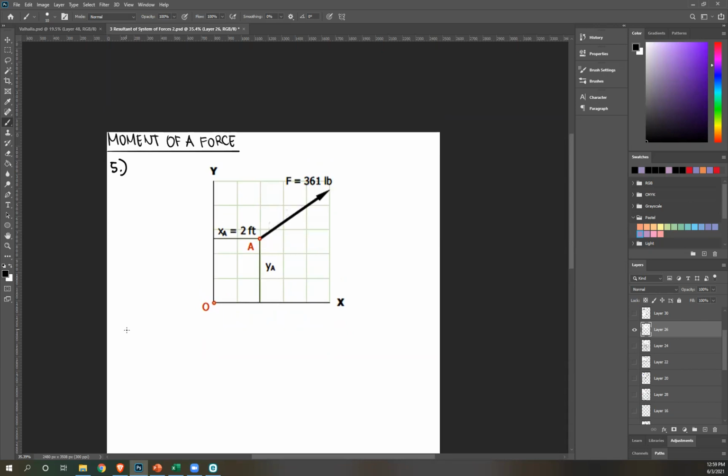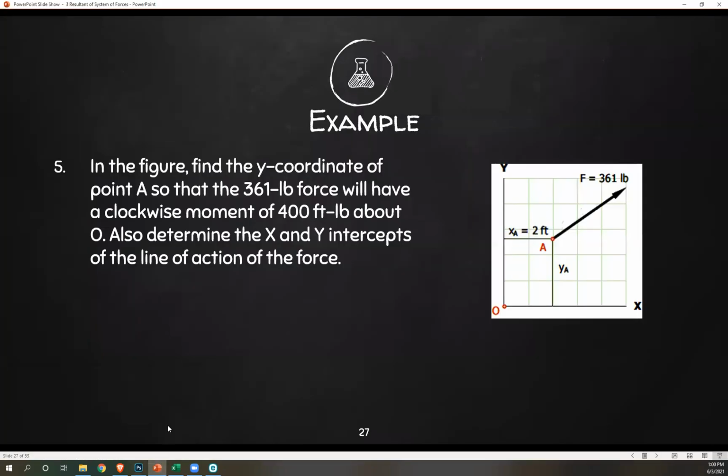Okay, so we'll just use the equation. Summation of moment about O is equal to summation of FD. Summation of moment about O is given. Actually, let's write the given first.